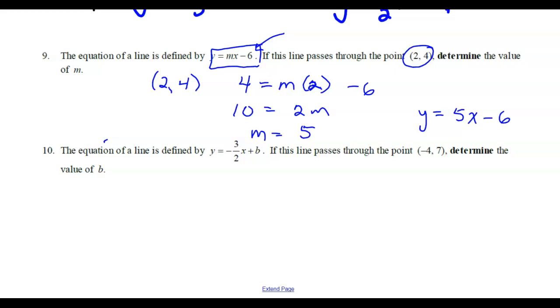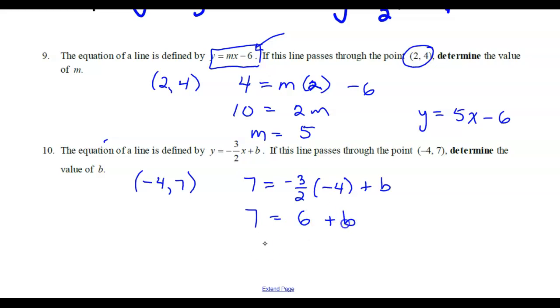Similarly in the next one, we know the slope but not the y-intercept, but we're given another point. The point is -4, 7. So 7 is your y, -4 is your x, and you need to solve for b. It's got fractions, but really this simplifies, right? That ends up being +6. So b is 1.